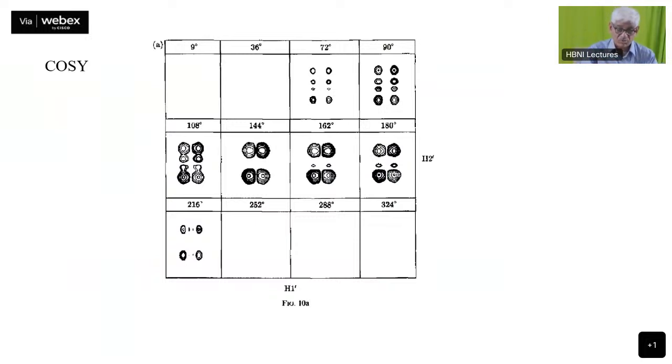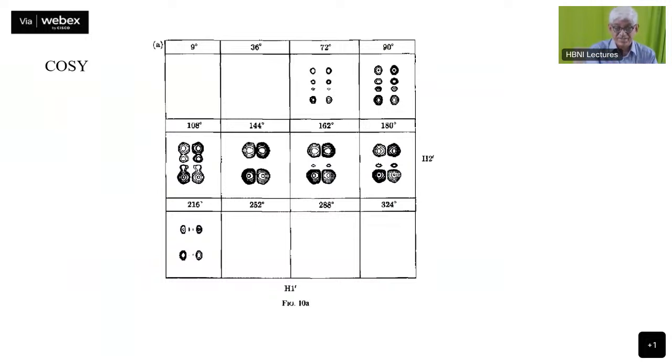To understand all of these things, you need to do simulations. There are lots of simulations which have been done, and I'm showing you the peak patterns of these various cross peaks for different values of P. Values of P are indicated here: 9, 36, 72, 90. Here is the 3' endo region, this is the north region, and on this side is the south region, the 2' endo region.